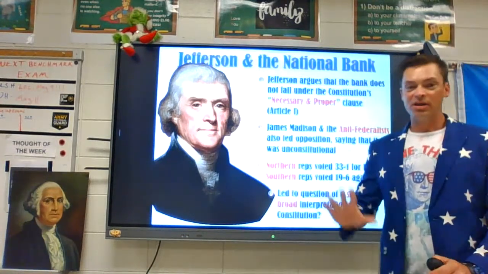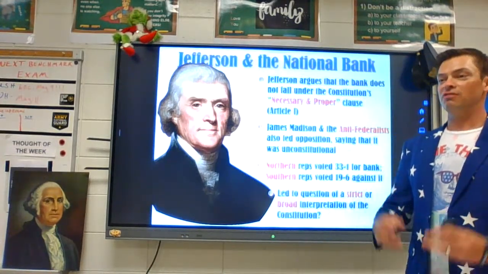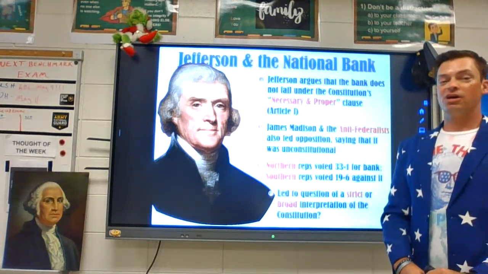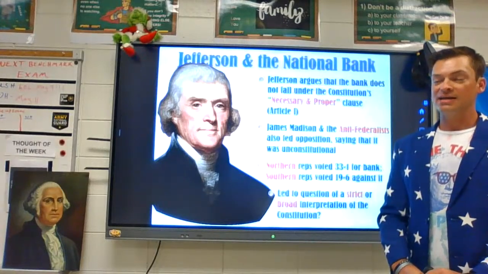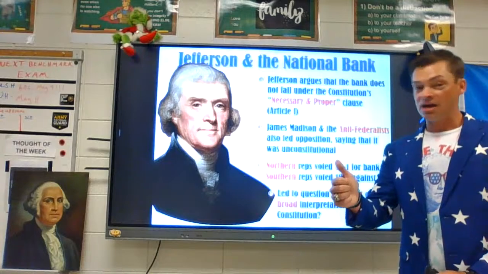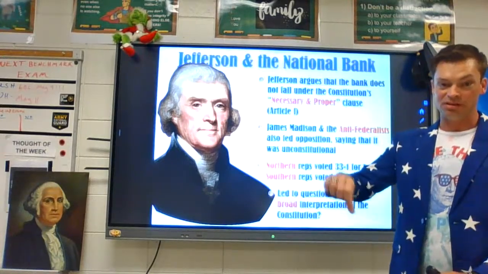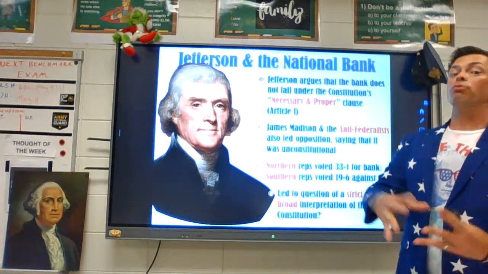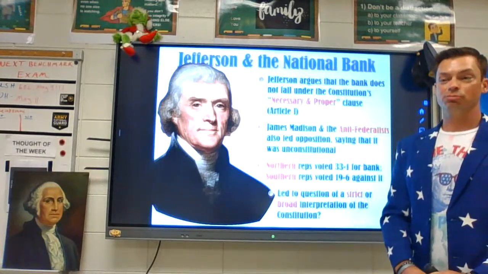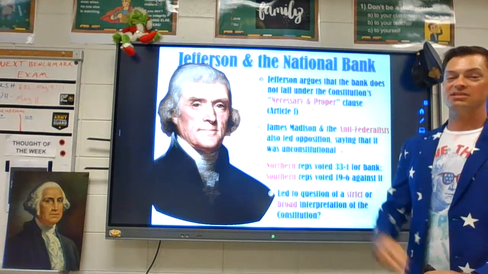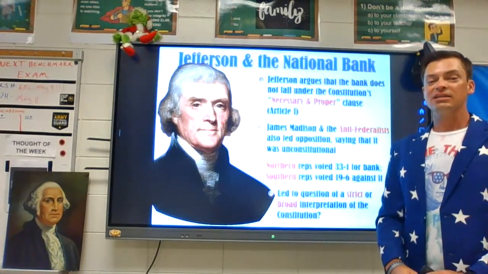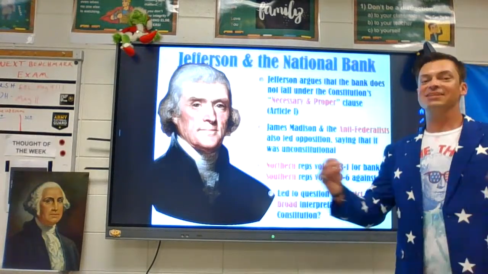This whole topic, the national bank, leads to a debate and a question about should we interpret the Constitution strictly, as in if it's written in the Constitution, you can do it, and if it's not written in the Constitution, you can't do it. That's a strict interpretation, or a broad interpretation. And the people who interpret the Constitution broadly always point to this necessary and proper clause, sometimes called the elastic clause, as if to say the Constitution is elastic.